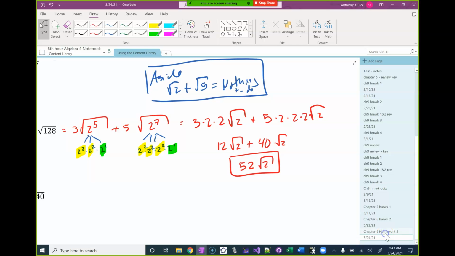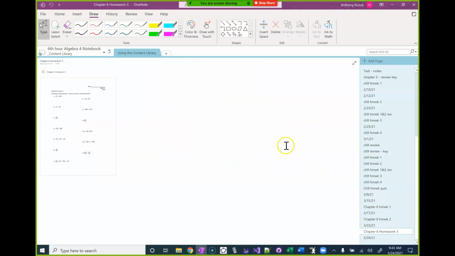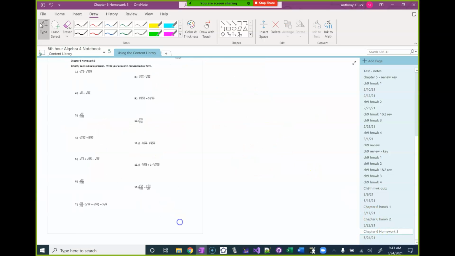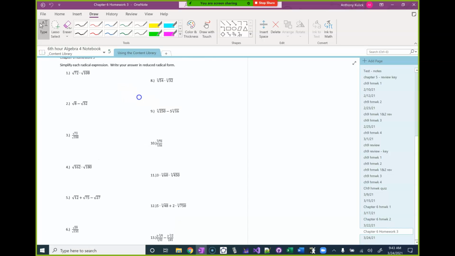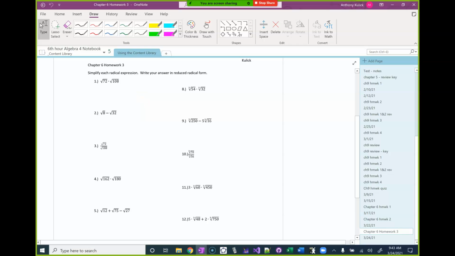So if you look at the content library, I have a homework 3 already loaded in there, which is just some more practice on these 3 topics that we've been working on: multiplying, dividing, and adding and subtracting of like radicals.